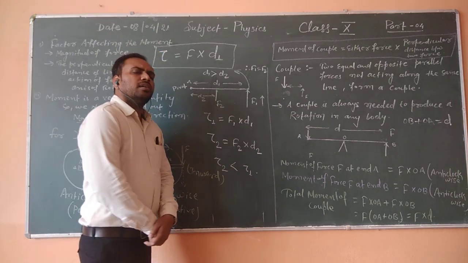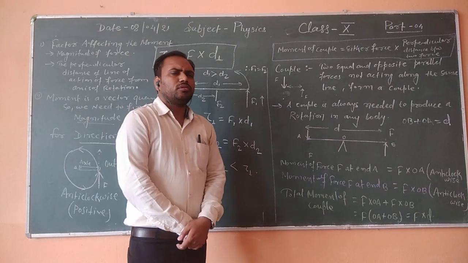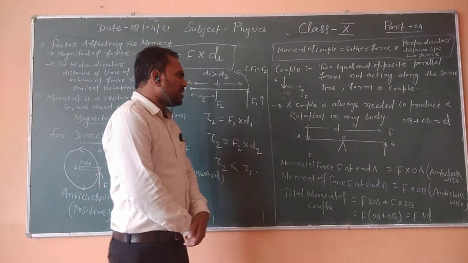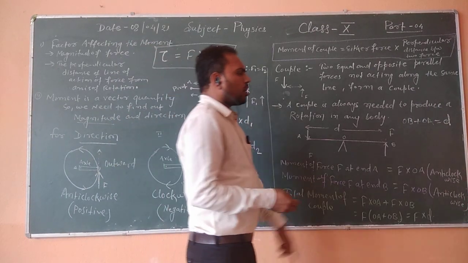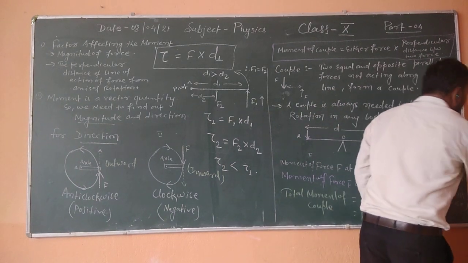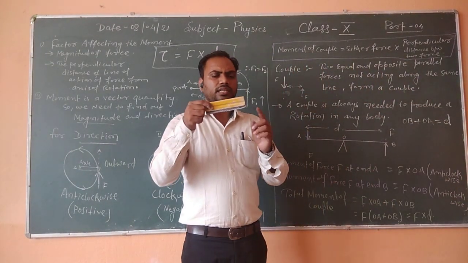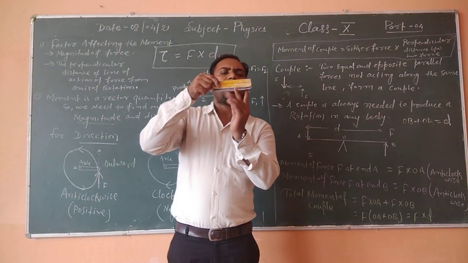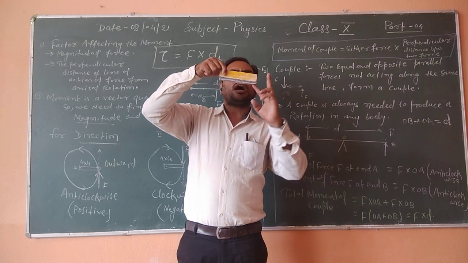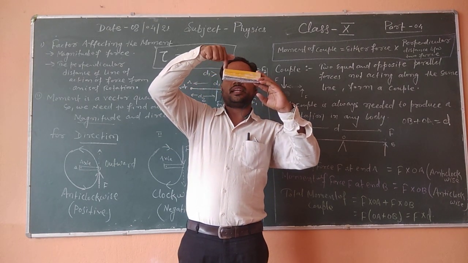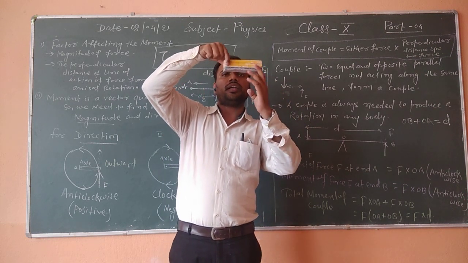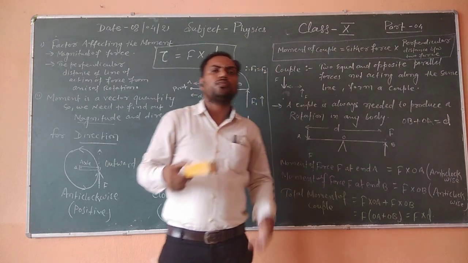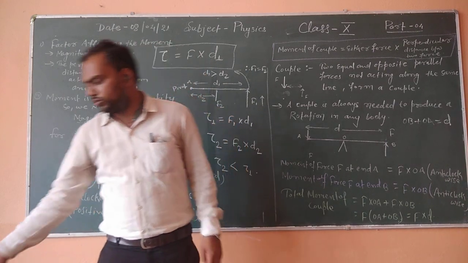First of all, think what do you mean by couple? The meaning of couple is when two forces on an object are applied in opposite directions, and both forces are equal in magnitude.